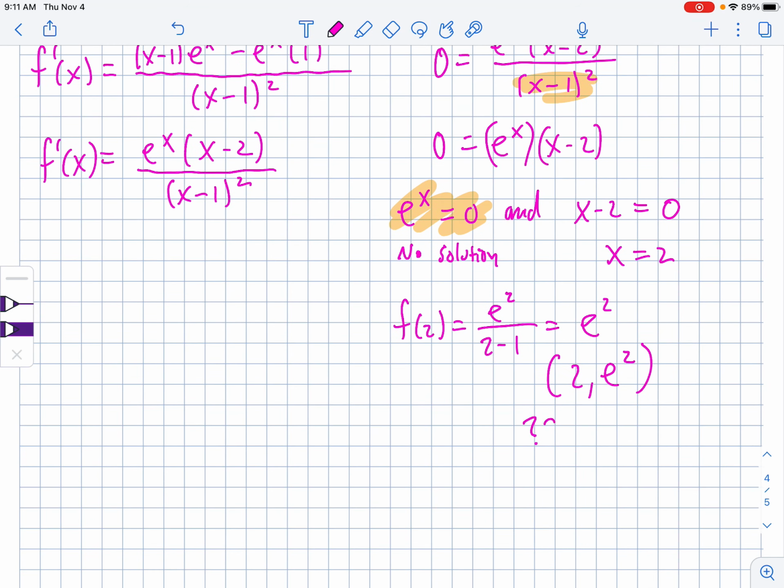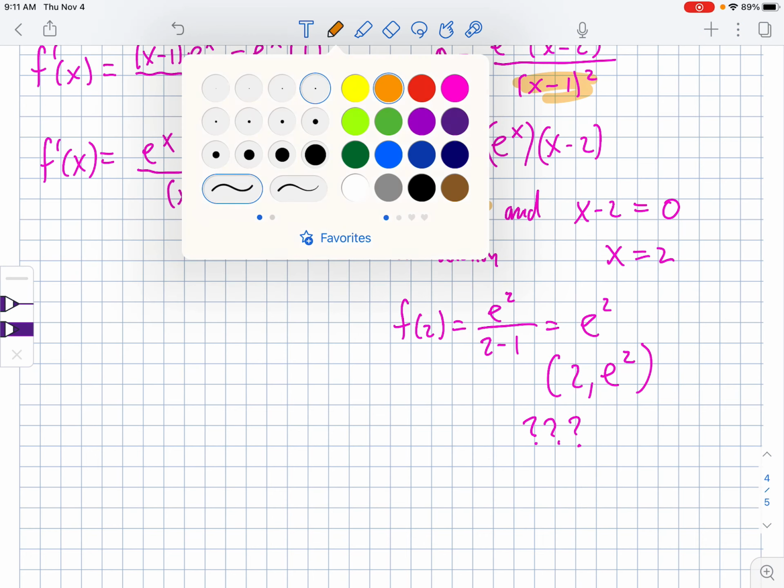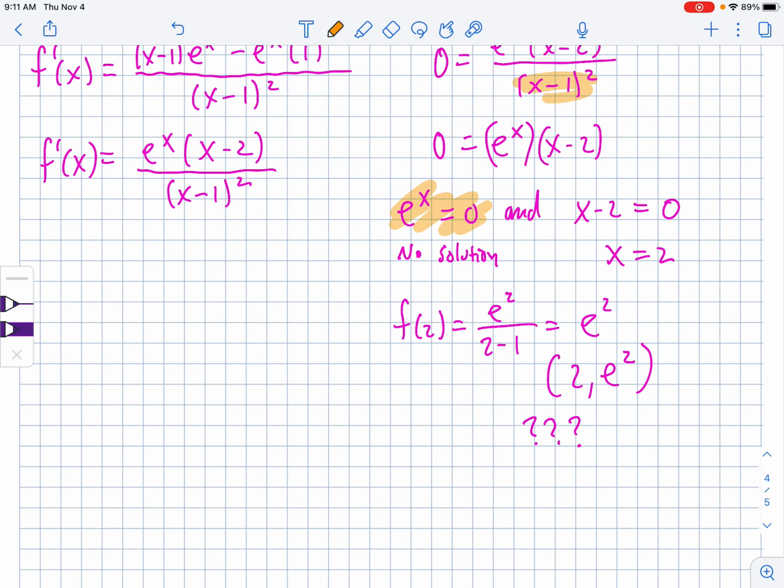But then the question is, is this a local maximum or a local minimum? The way you do that is with the second derivative. I don't have enough time to show you, but what you're going to need to do is find the second derivative, which is going to be a quotient with a product, because in the top it's two things being multiplied.